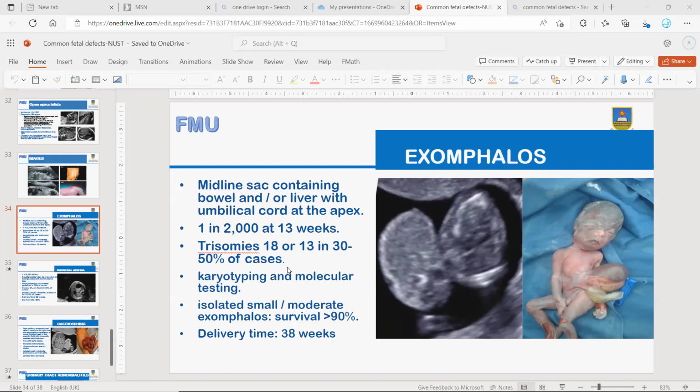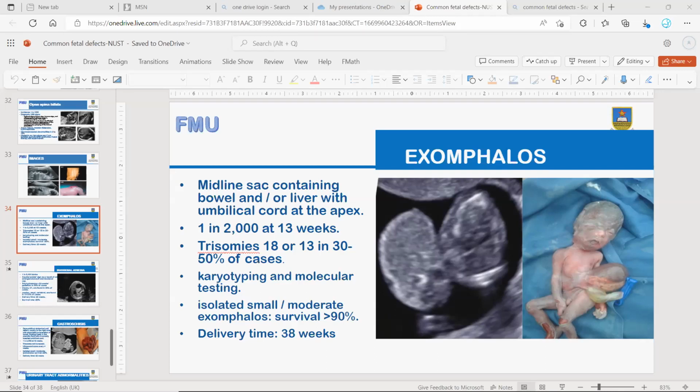Then the condition itself, unfortunately, is associated with other defects in most of the cases, like our baby there, who also has a congenital diaphragmatic hernia. But one of the most common associations with exomphalos is kyphoscoliosis, the abnormal shape of the baby's spine.